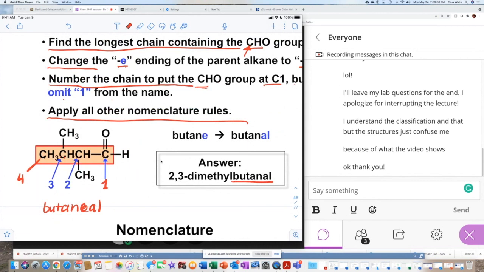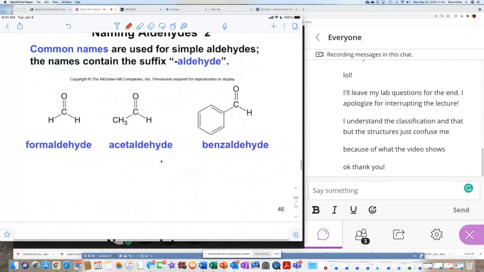But you just named the longest chain. You haven't named the side groups. We have two side groups, both called methyl, so you know you're going to have dimethyl. Name the positions they are in. So 2,3-dimethylbutanal. I'm not going into all the details because we've gone through that before.